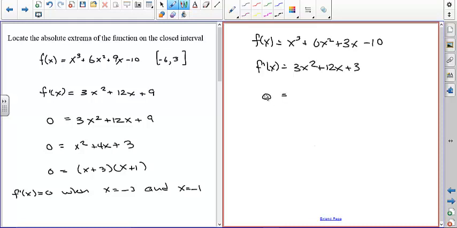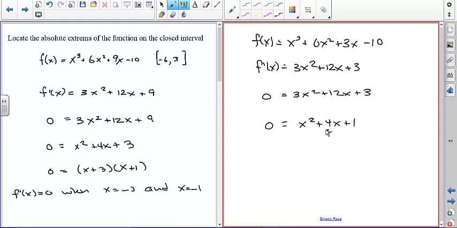And if I set that equal to 0, I'm setting it equal to 0 to find the values of x where the derivative goes to 0, because those are critical numbers. So I divide by 3 again, and I get that, which you can't factor easily.